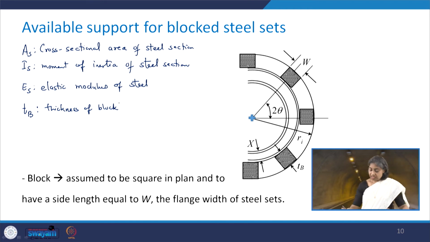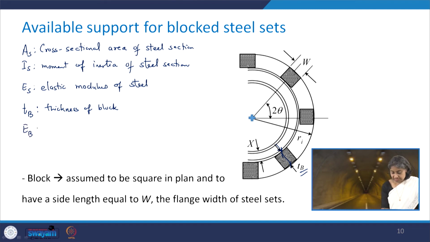So you see here, this thickness of the block means this distance which is shown here, this one, which is TB. Then we have another term, EB, which is the modulus of elasticity of the block material.